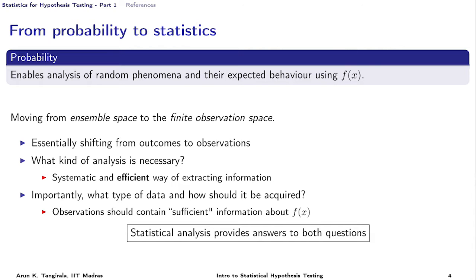And then, what kind of data do we actually require? How do we collect data? Are there some guidelines? Are there some rules that I have to follow? Is there a theory to it? Yes, there is a lot of theory to data acquisition in statistical data analysis, which is put together under the banner of sampling.